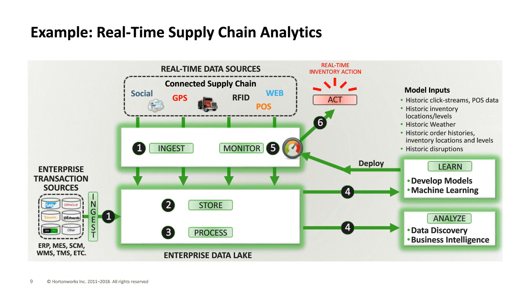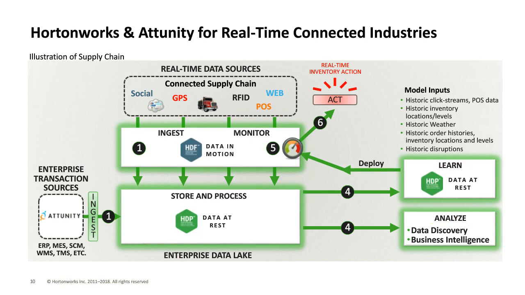And Dan, if you want to help us put that in context within the platform capabilities. Yeah, so where Attunity fits in here is, when you think about making real-time decisions and taking real-time action, you naturally start thinking about IoT and real-time operational data streaming in. And operational data obviously is very important. But the missing link here to make a good business decision is those core transactional systems that provide a lot of the business context.